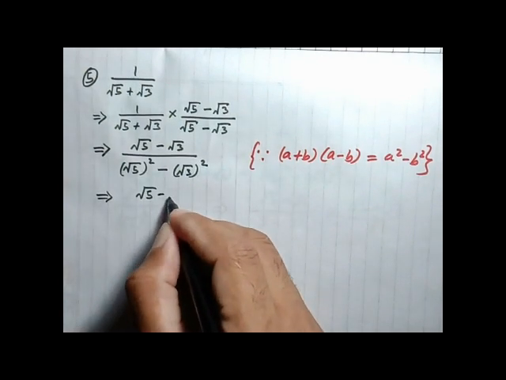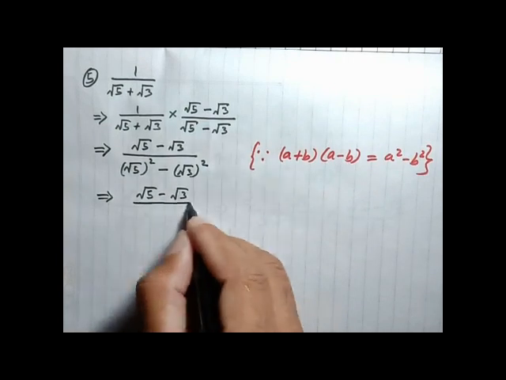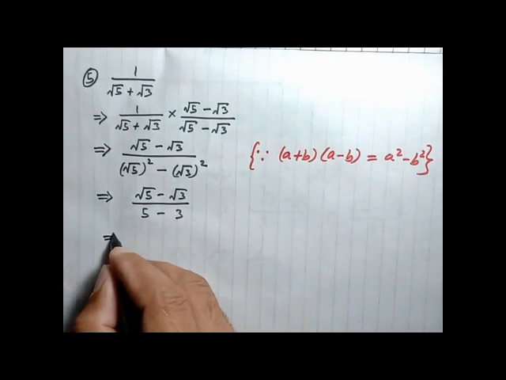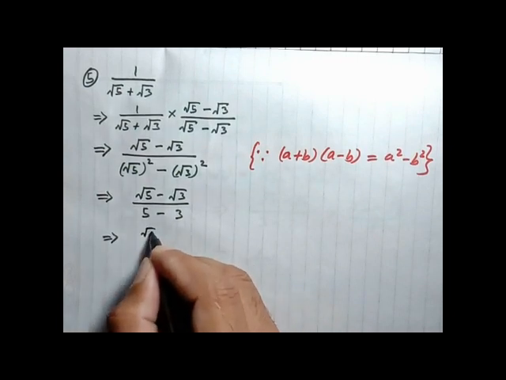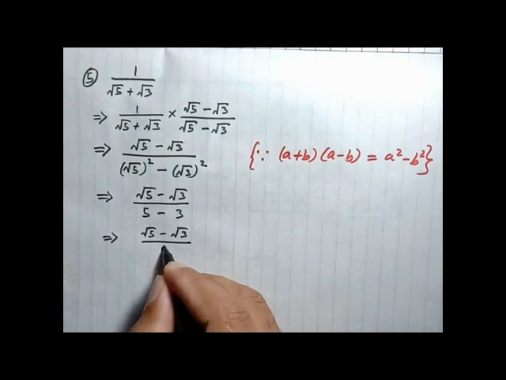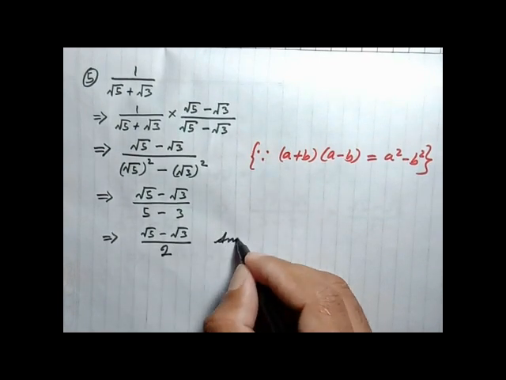So we will get √5 minus √3 upon 5 minus 3, and that will be equal to √5 minus √3 upon 2. So this is our answer.